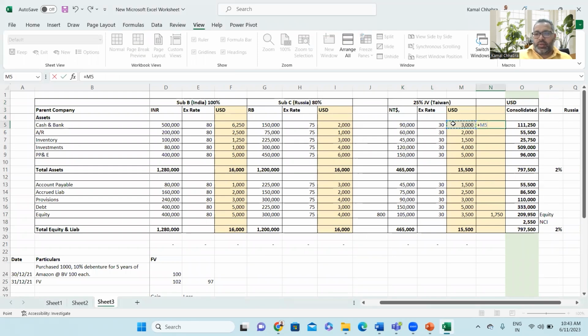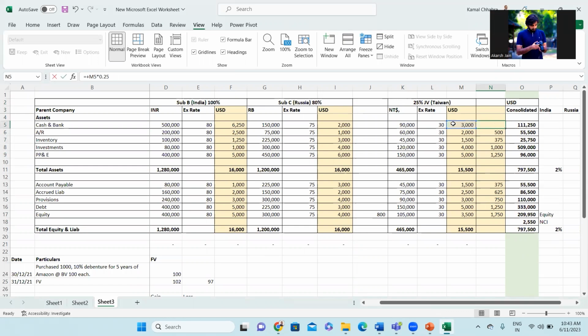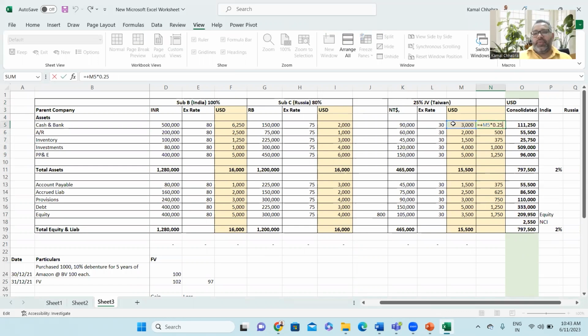Then this is multiplied by 0.25. This is what you will be adding, only your share. Are you guys with me? Yes, sir.